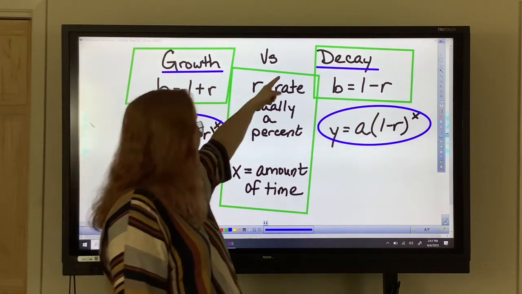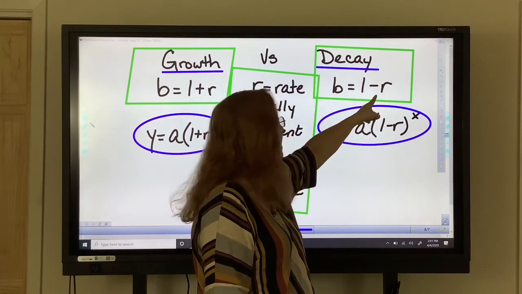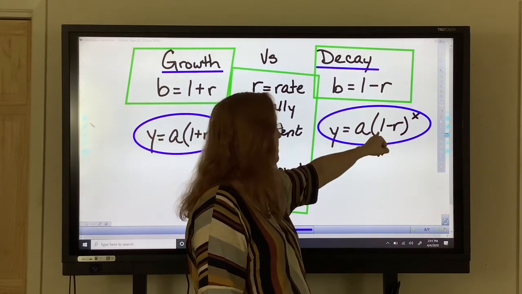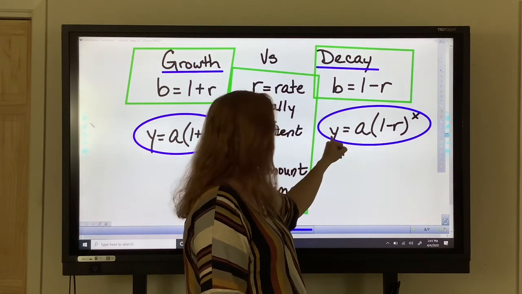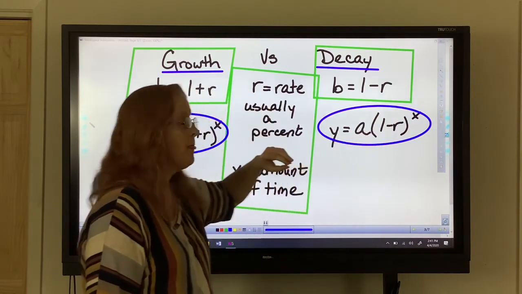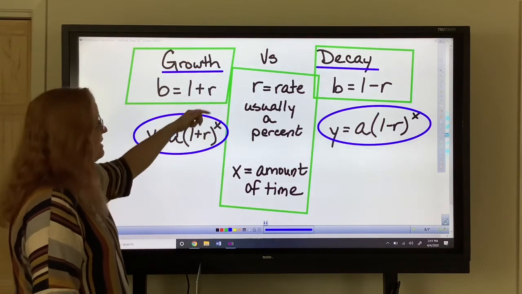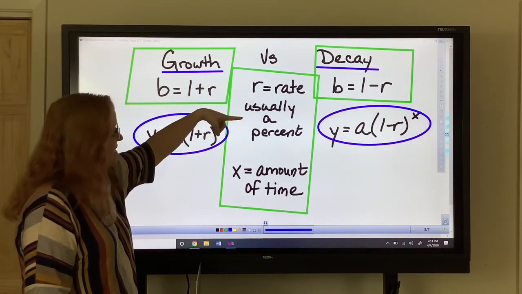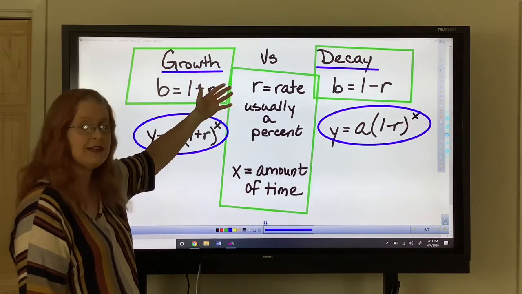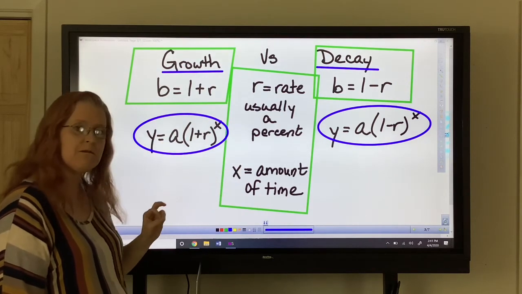For a decay value, you're going to have 1 minus r, and so your equation would be, if you replace the b with the 1 minus r, it's going to be y equals a times 1 minus r to the x power. Now, r wasn't in our original equation, so what does r mean? Well, r is your rate, which is usually some sort of percent, and you have to convert it to a decimal to use it in the equation, and x is the amount of time passed.